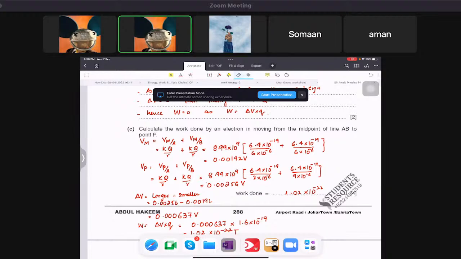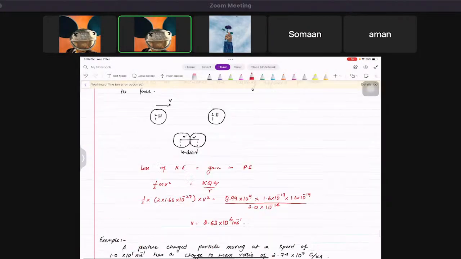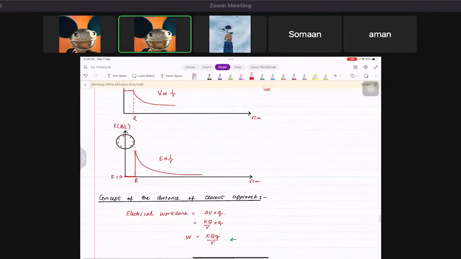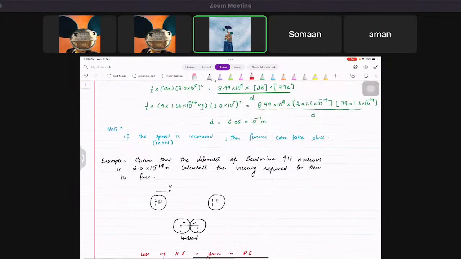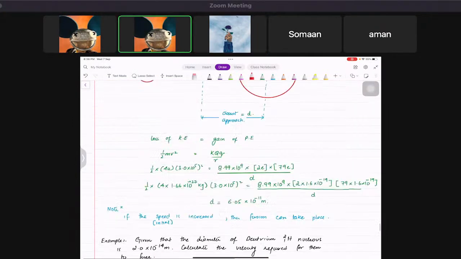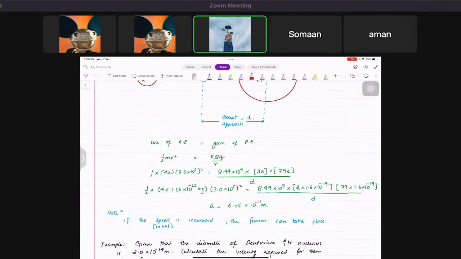Can you tell me which one? Sir, the green one. The green one? Yeah. What was the answer here? One second. It was 1.22 times 10 raised to minus 10. Minus 10. Okay, that would be the answer then. 1.22 times 10 raised to minus 10. Okay, fine.